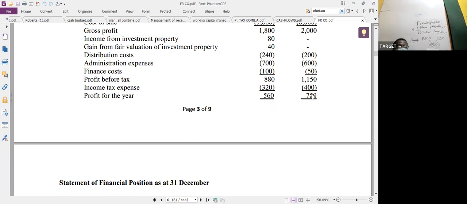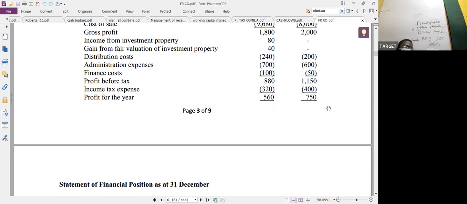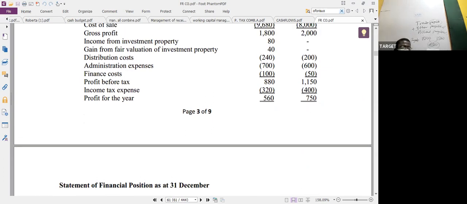So 560. Yes, 560. The current year, not the previous year. Because in the retained earnings, change in equity, it's the profit after tax that we send to change in equity. That's what we're using now.